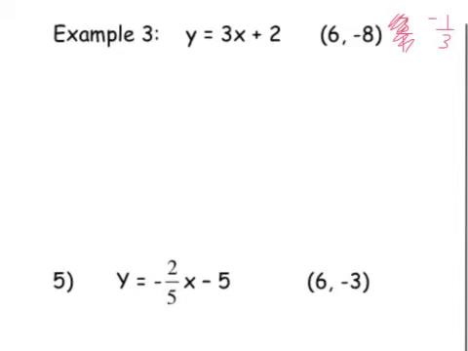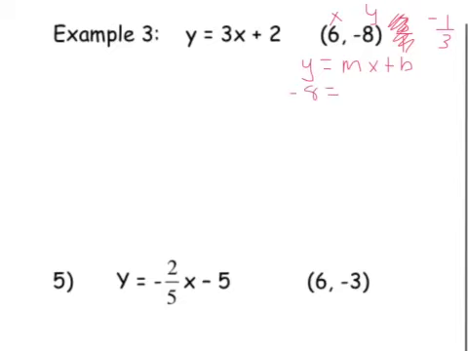So we're going to take that slope and this point, and find the y-intercept now. So y equals mx plus b. We know the x, the y, and the m. So y is negative 8.